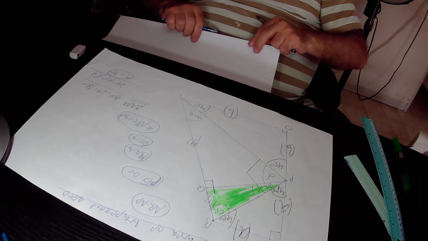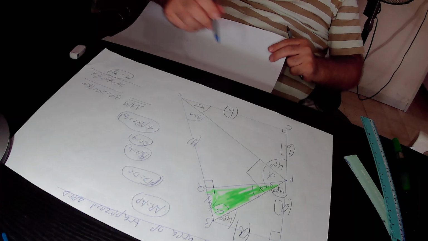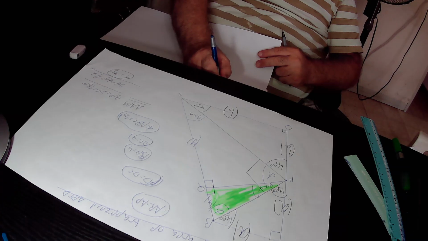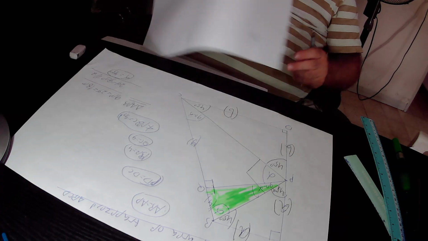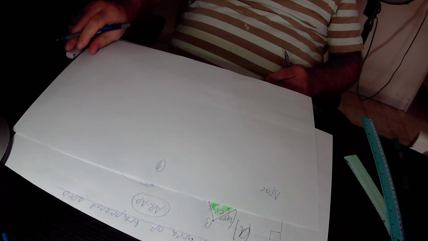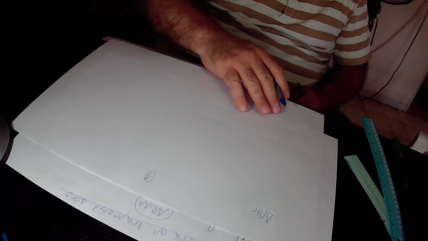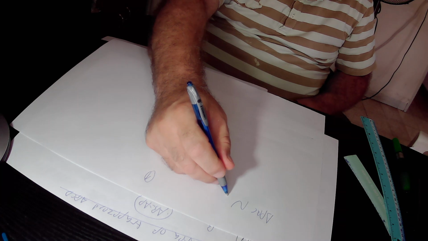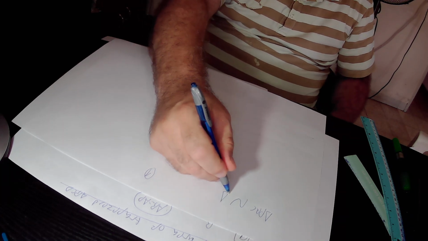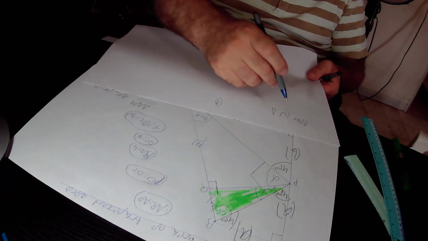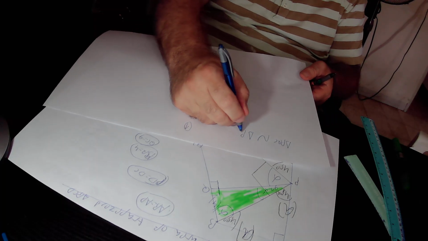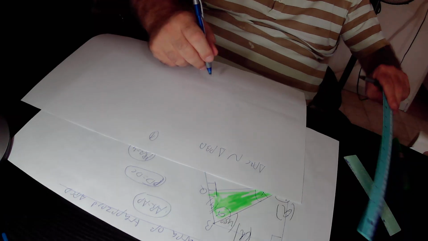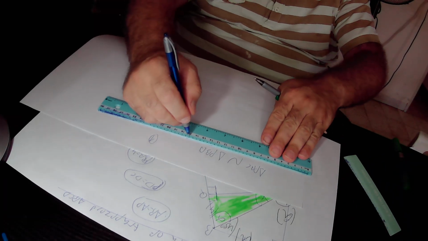We actually proved that the big right triangle PQC is similar, this is the sign of similar, to the small green right triangle PBQ, and they are similar according to the angle similarity rule.